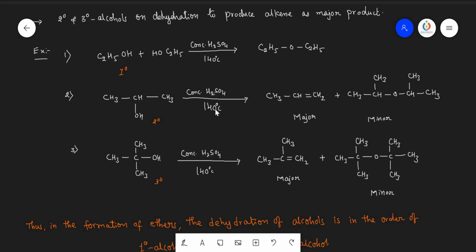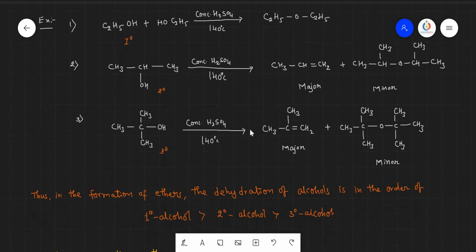So when both the secondary and tertiary alcohols are separately dehydrated in the presence of concentrated sulfuric acid at 140 degrees centigrade, they produce alkene as the major product and ethers are the minor products, and this we should not consider. Major compounds are alkenes only.